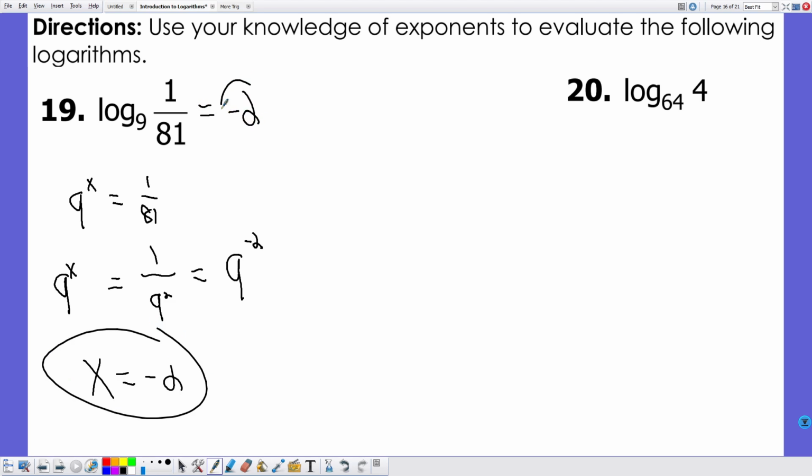Alright, 64 to what power is 4? Well, I don't know.